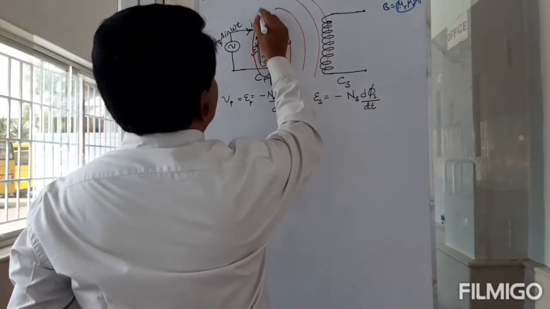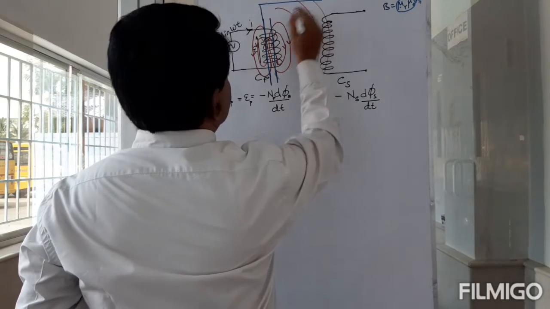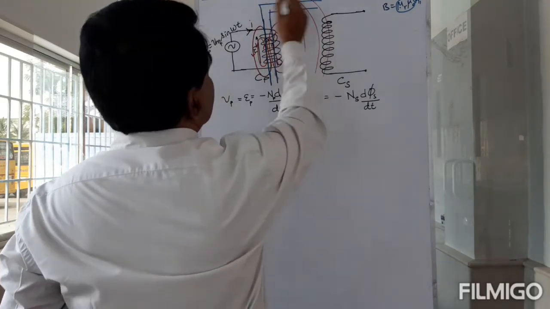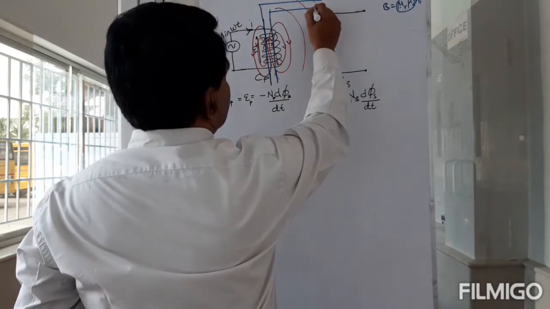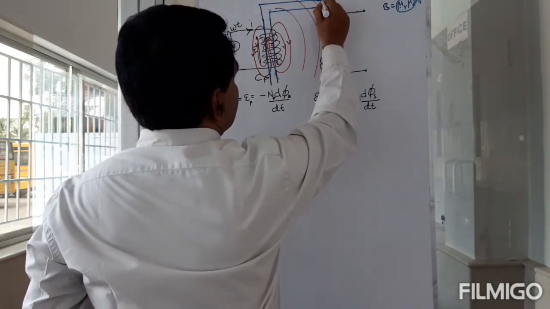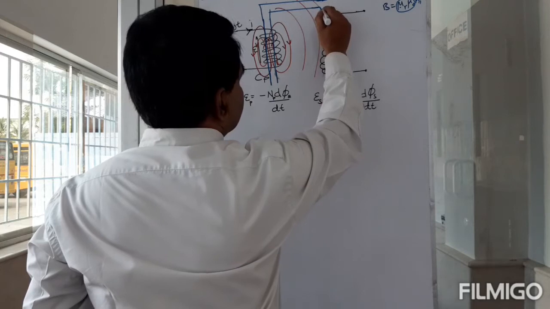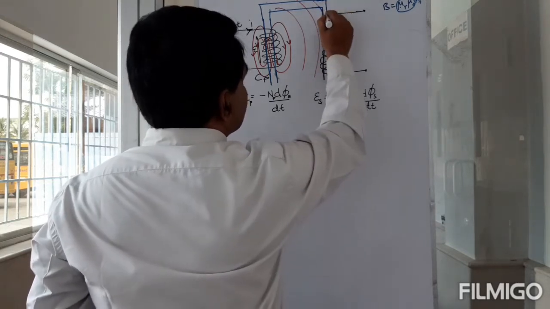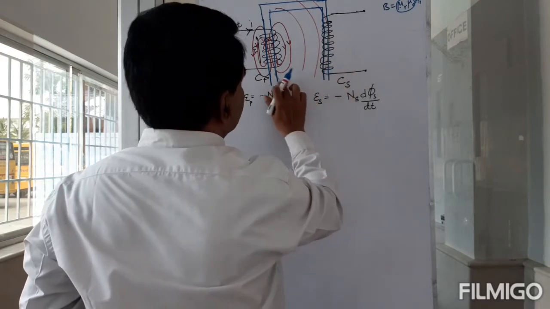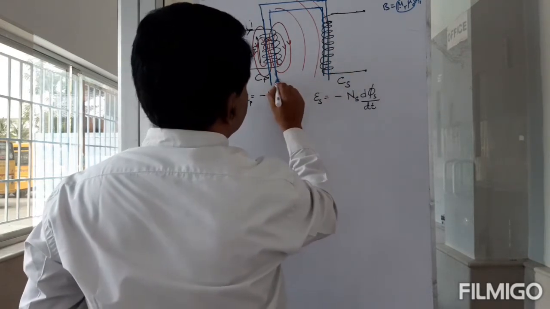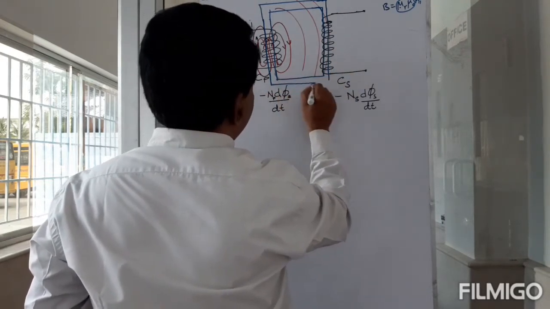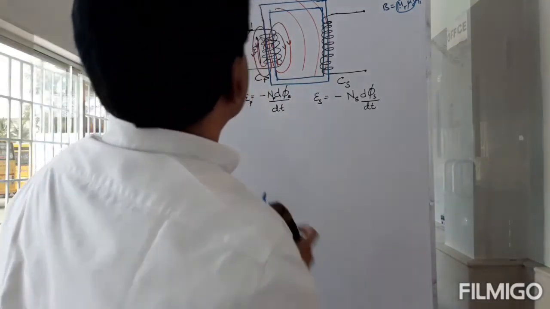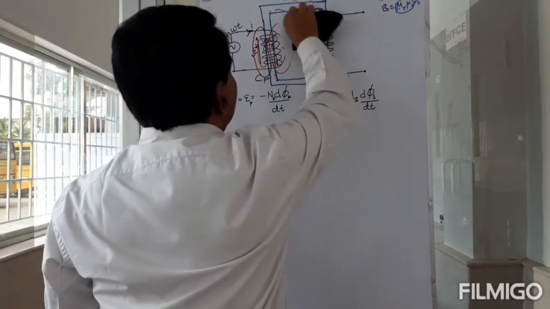Now what I'm going to do is extend it so that this follows this magnetic path, and then I'm going to wind the second coil around this. Now you see there will be very small leakage.